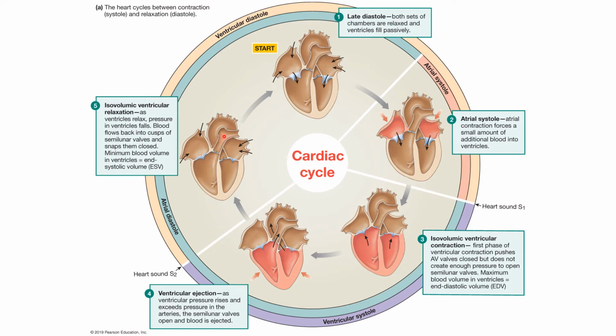Once the pressure in your aorta and your pulmonary artery exceeds the pressure in your ventricles, the semilunar valves will close to prevent any blood from going backwards.